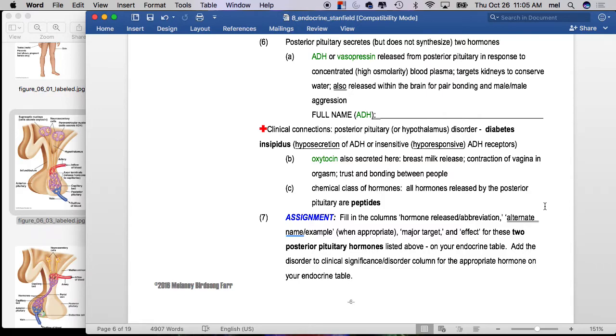This is really useful for a person like me who hates memorizing things, because if I understand what it does here, I can figure out what it does at the other place. Sometimes that's super important. For instance, anything related to cardiovascular function might affect the heart, the vessels, the kidneys, so it could affect a bunch of different places. They're never going to contradict what they did at one target by doing something opposite at the other target.